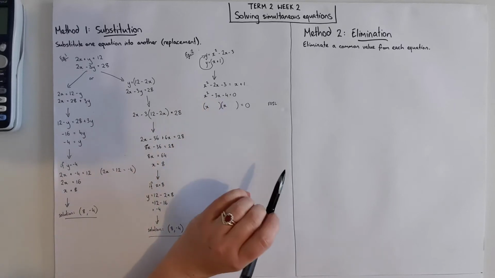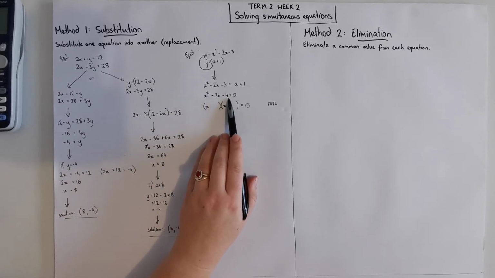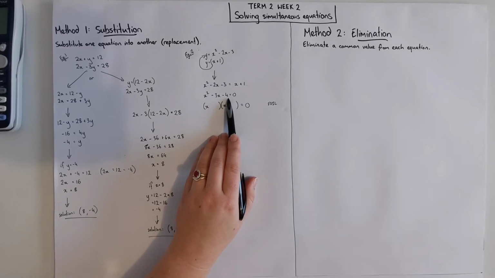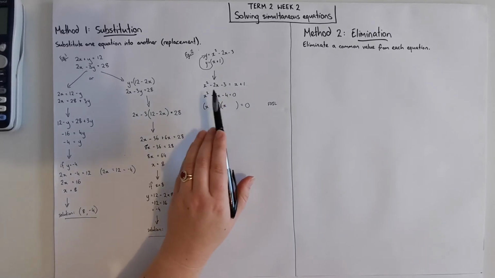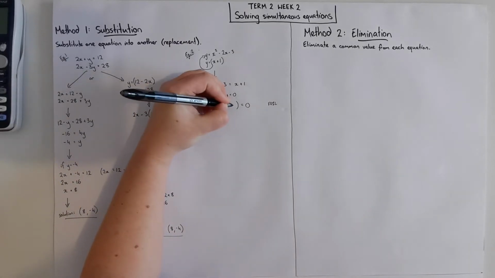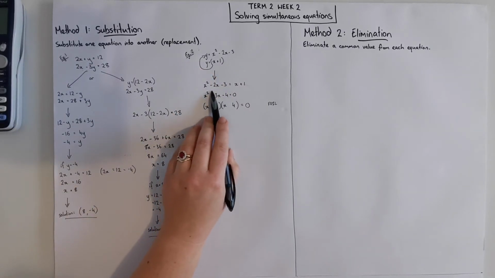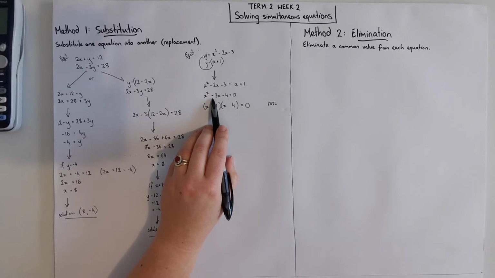Thankfully, we've got relatively small numbers. The only factors of 4 here would be 1 and 4 or 2 and 2. There's no way that 2 and 2 would make 3, any combination of addition or subtraction, so I know that I must have 1 and 4. Looking at the direction of -3 here, the bigger number has to be the negative to make all of this negative.